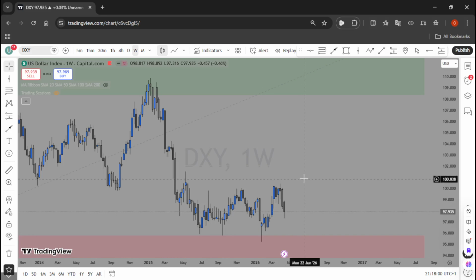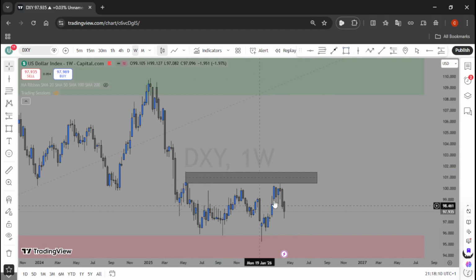So for a confirmation for price to be very bullish, we need price to close above this area so we can target the highs here. This will confirm that price really wants to go to these highs here. So notwithstanding, we'll let that be.